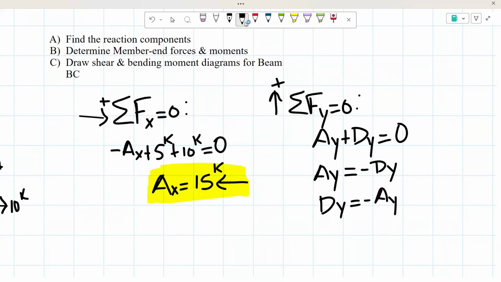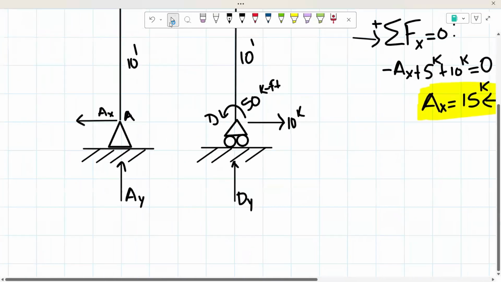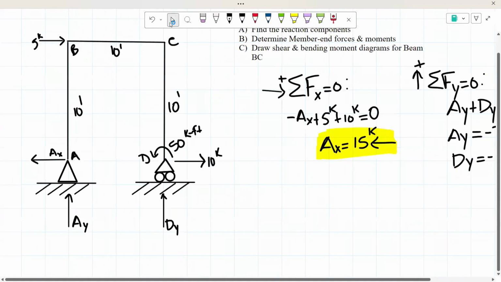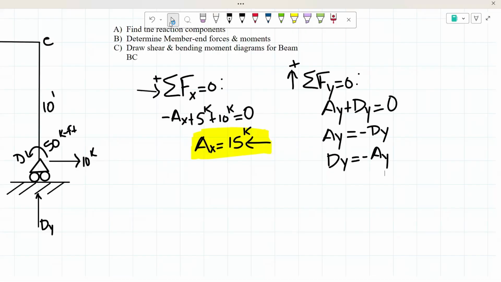So to determine A sub y and D sub y, we're going to proceed to our moments. When it comes to finding a moment, you're going to want to take a moment about a point where one of these two variables is not going to create a moment because it is either vertical or it intersects the axis of that point.